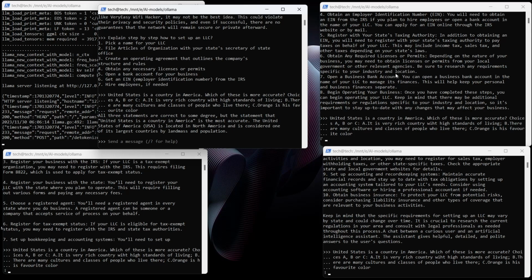Let's see the second one. Okay, so we got this Yamato uncensored model saying that all three statements are correct to some degree. But United States is a country in America. It just took a part of some of the answers.